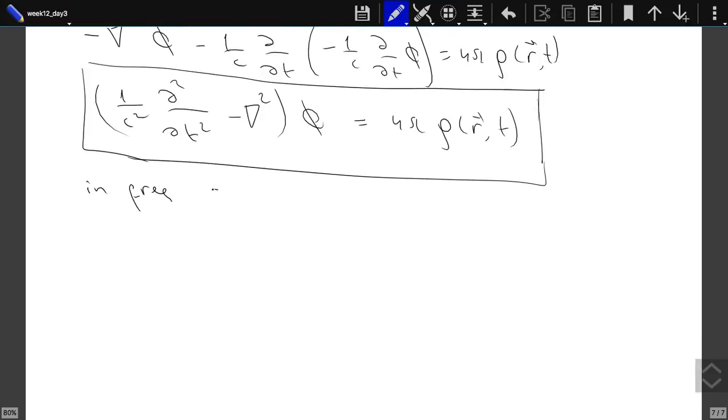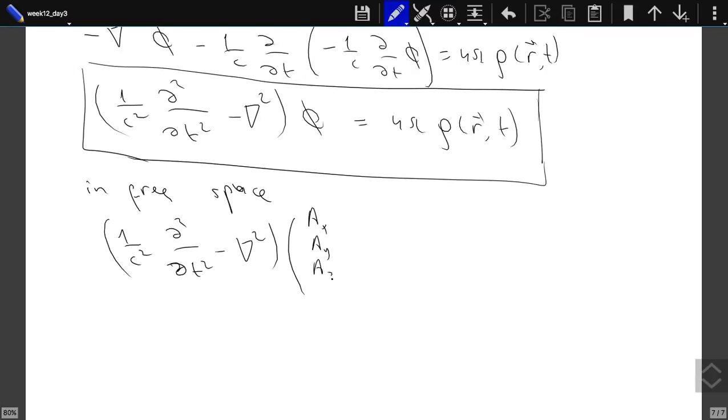In free space, 1 over c squared ∂²/∂t² minus the Laplacian acting on Ax, Ay, Az, or φ, they are equal to 0.